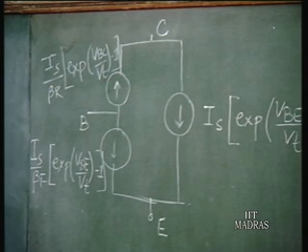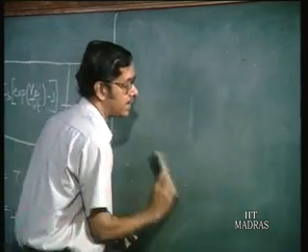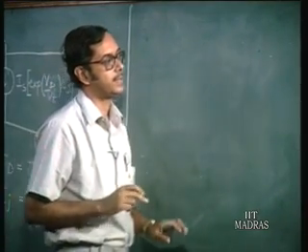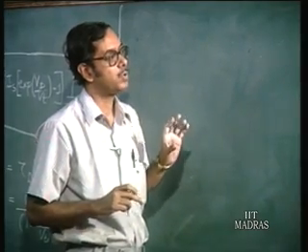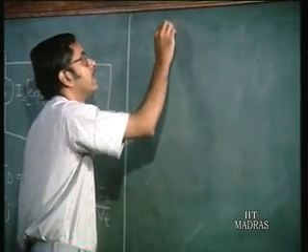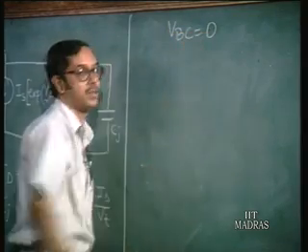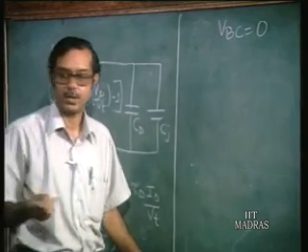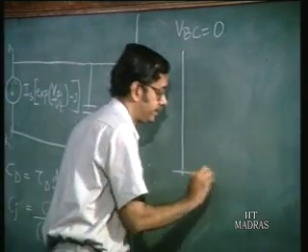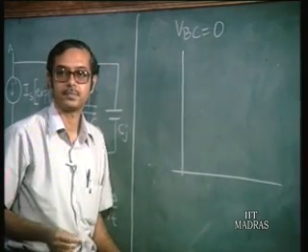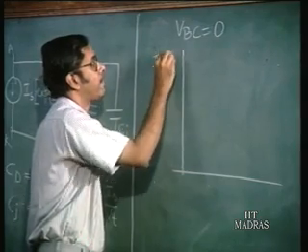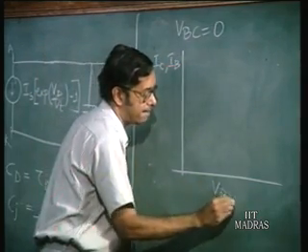So, how do you extract these parameters? You do a similar experiment as you have done in the case of a diode to extract Is. For the transistor, suppose Vbc is equal to 0. The base collector voltage is made equal to 0, and then you plot IC and IB versus VBE.